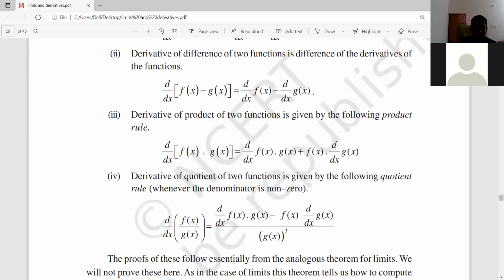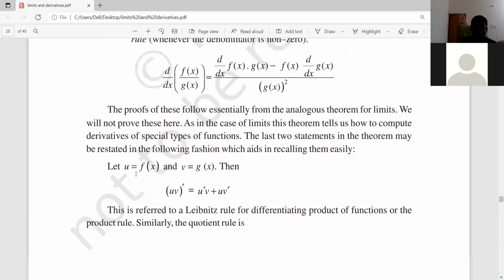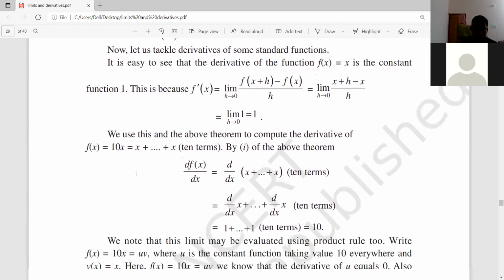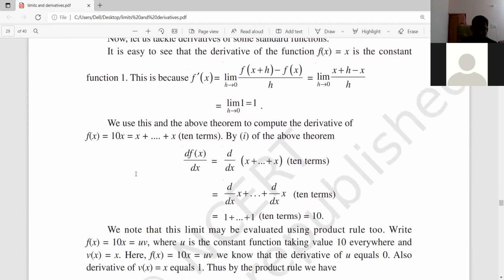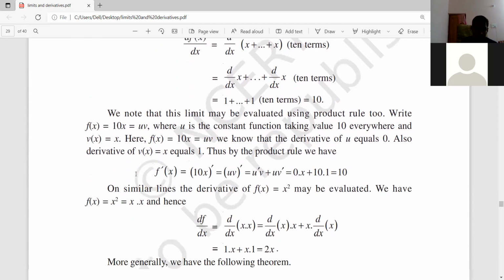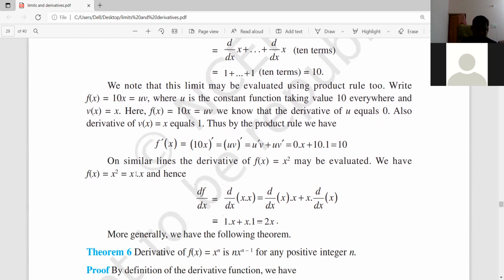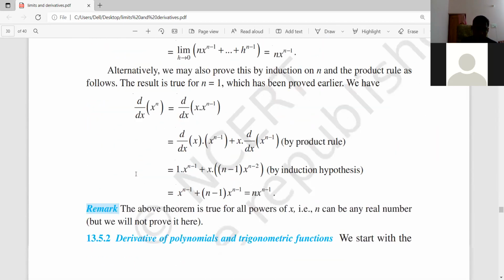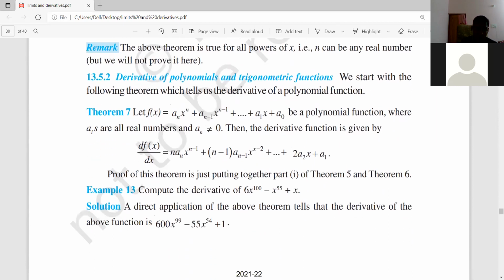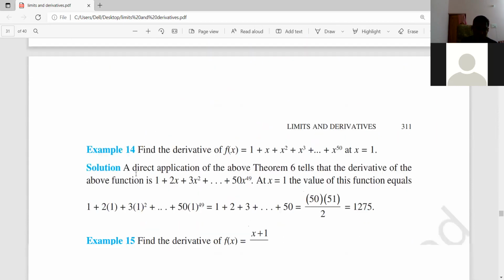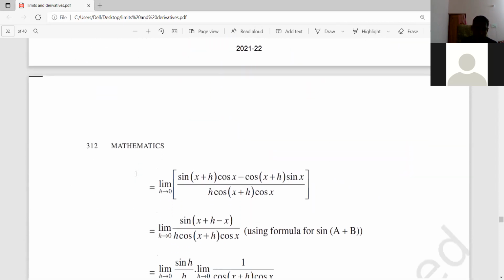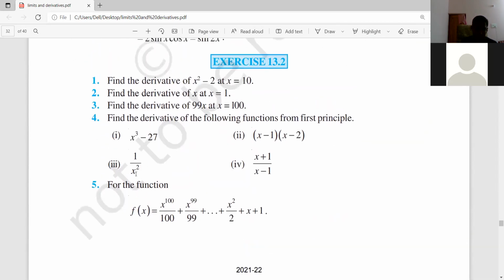Then we have one more formula, the quotient rule. For polynomial and trigonometric functions, the proofs are all there.